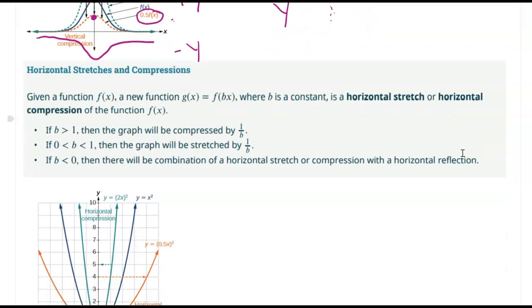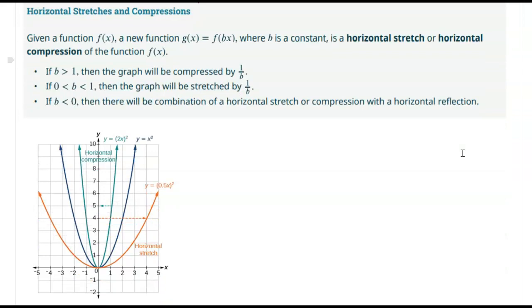Let's look at horizontal stretches and compressions. Notice here, b is inside the house. Since b is inside the house, we're thinking about this in the opposite way of the value of b.